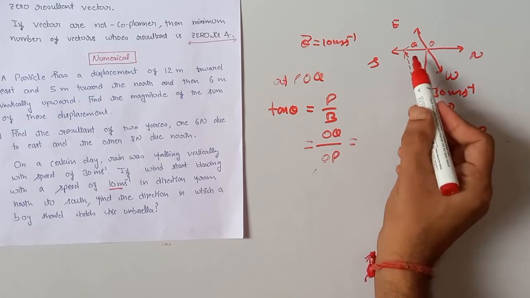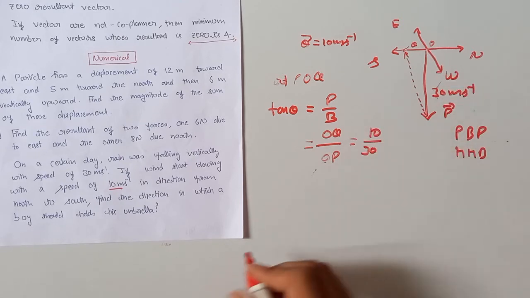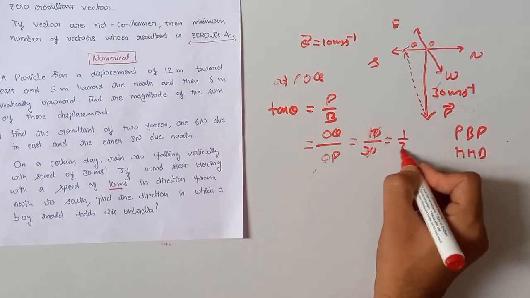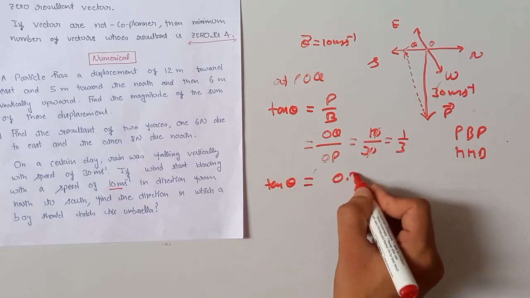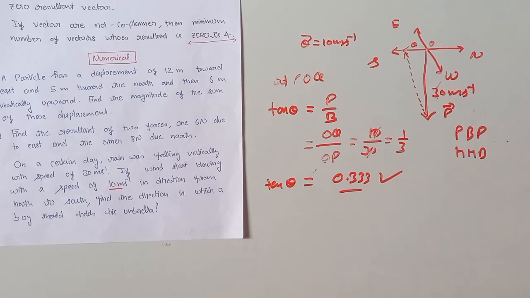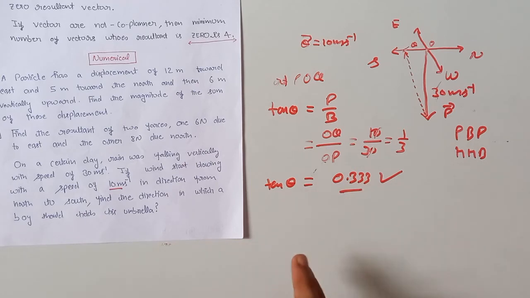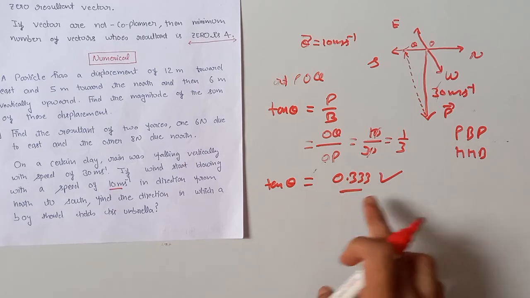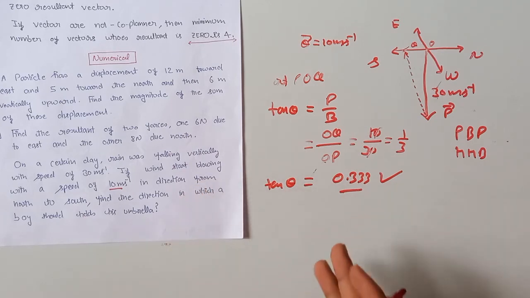Now here OQ is 10 and OP is 30 meters per second, which is 1 upon 3, so tangent theta is equal to 0.333. This is our exact answer. Now by using the table of tangent theta, we can easily calculate the angle at 0.333. This numerical is very easy. I hope this numerical is also clear to you.